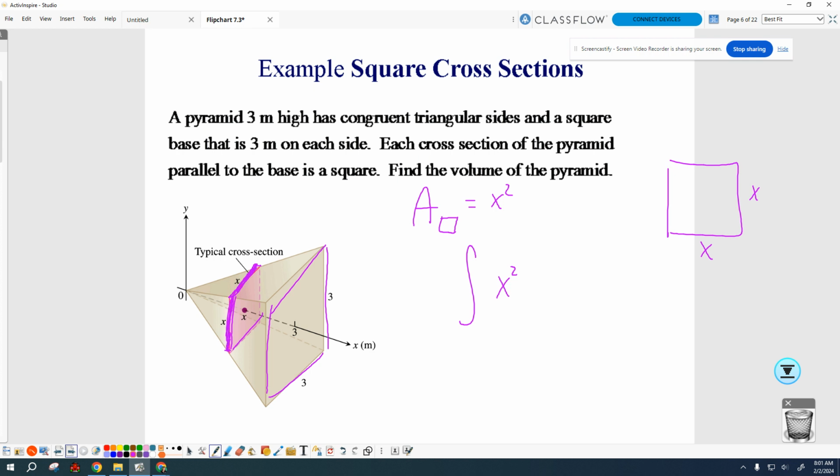And that thickness that we're going along the x-axis is dx. The bounds, they told me in the problem, 0 to 3. Raise the power, divide by the new power, and plug in.